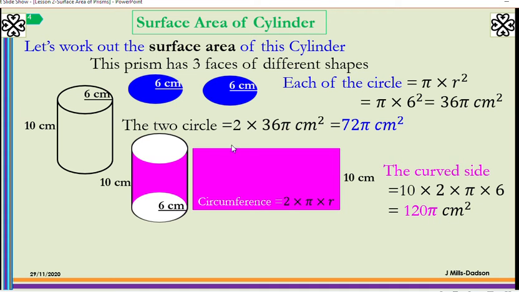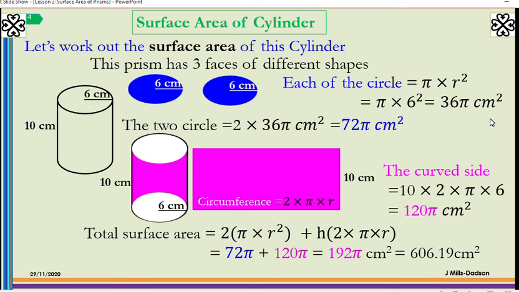So remember, the curved side of a cylinder is the height times your circumference, or height times 2 pi r. Remember that. So the total surface area is 72 pi plus 120 pi. So this is the formula for surface area of a cylinder.